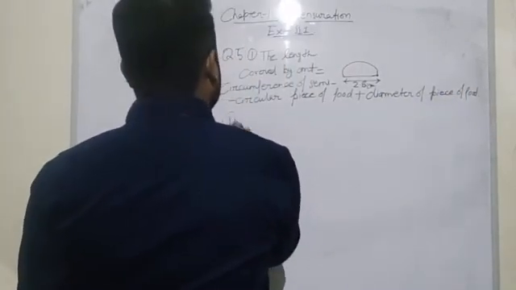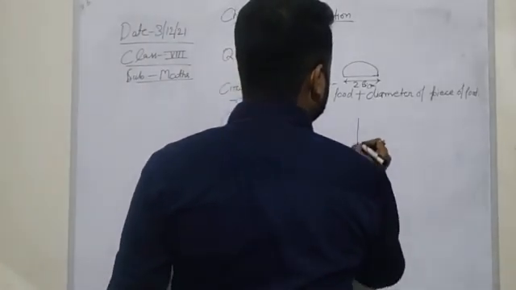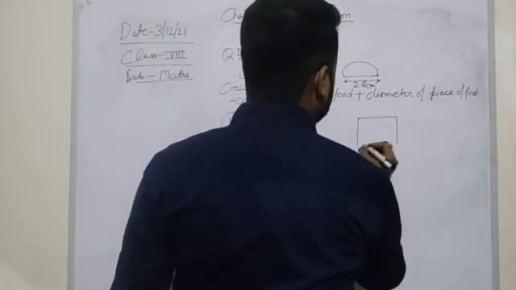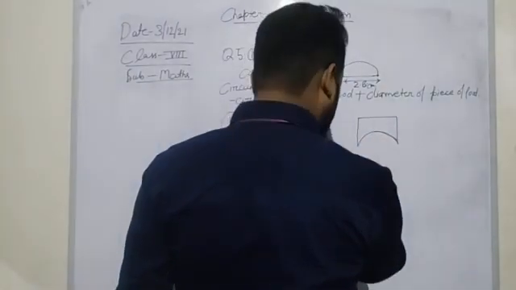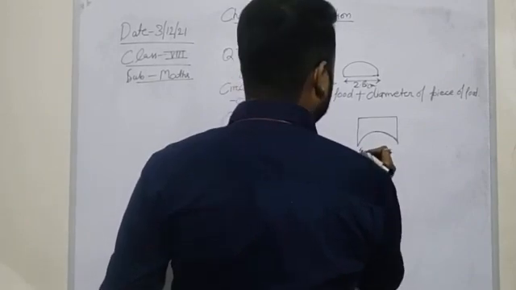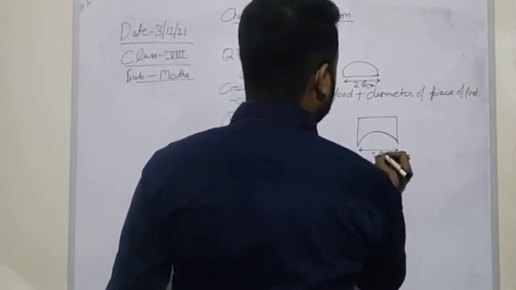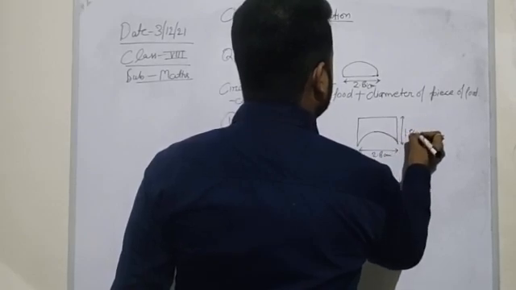Now for the second part, the shape of the piece of food is like this: 2.8 centimeter, 1.5 centimeter.